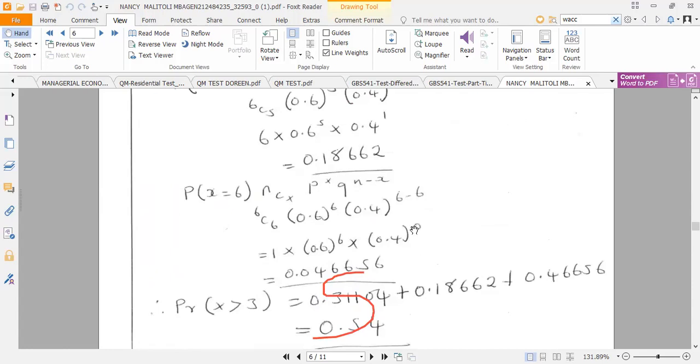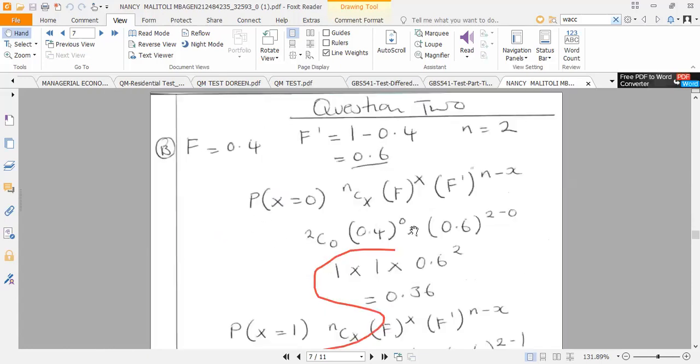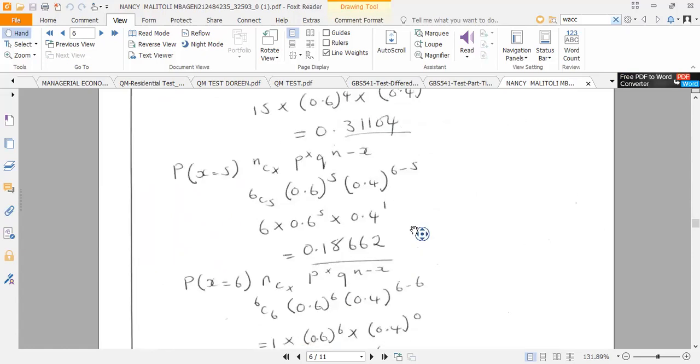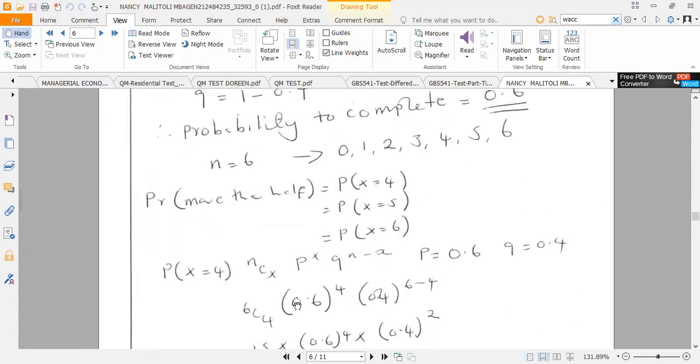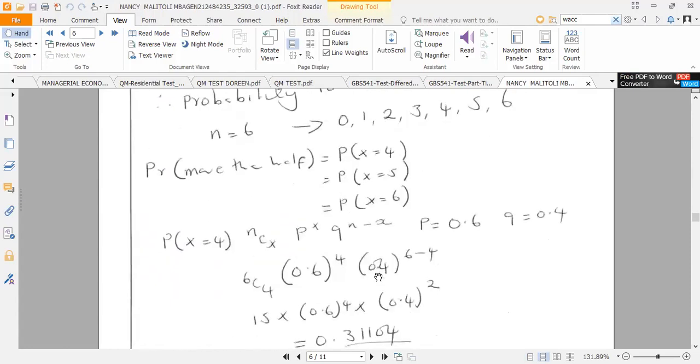All right, so I will end here. I have a question. How do I know 0.4 should be raised to power 2? 0.4 raised to power what? 2.